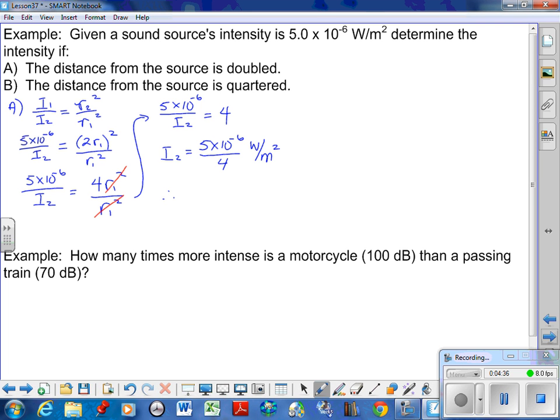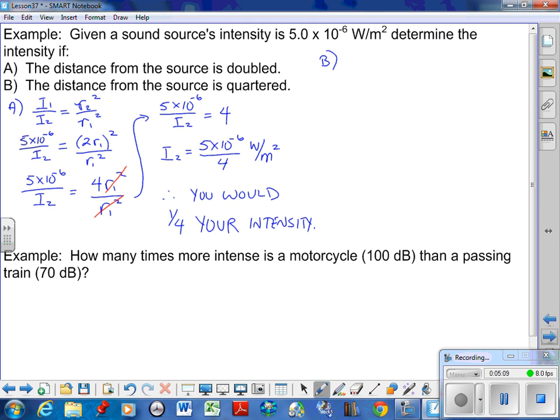So if you double your distance, let's say you were at the speakers at a concert, you go twice as far away, therefore you would quarter your intensity. If you were 10 meters away, and you move to 20 meters away, it'll be 1/4 as intense.